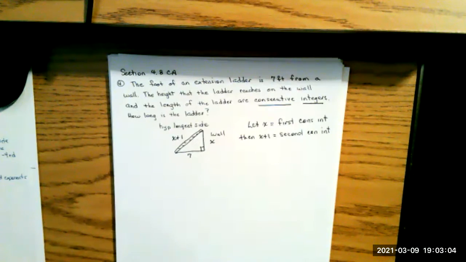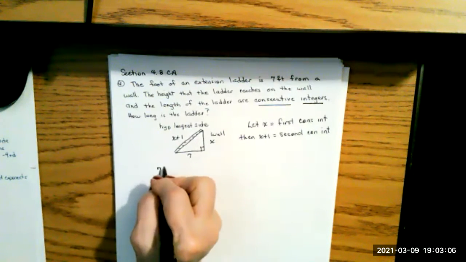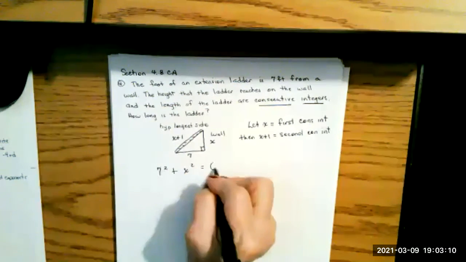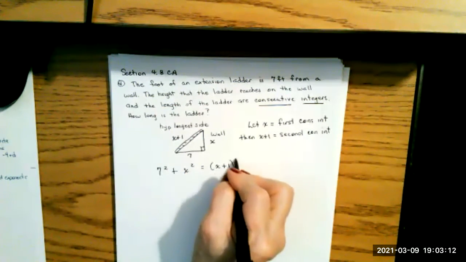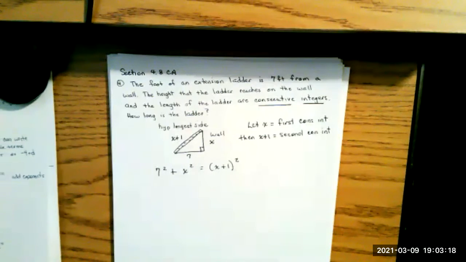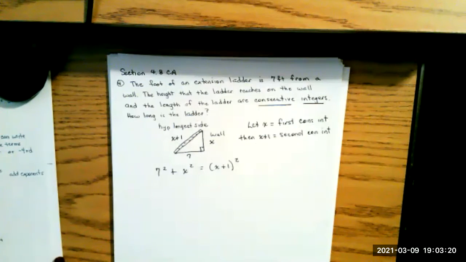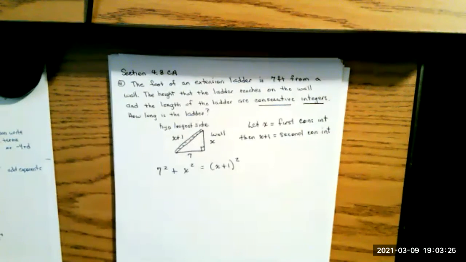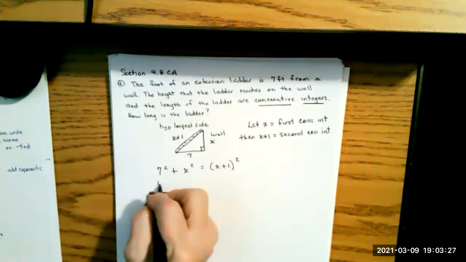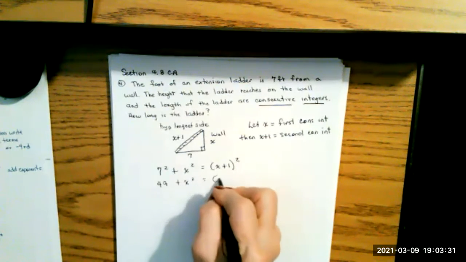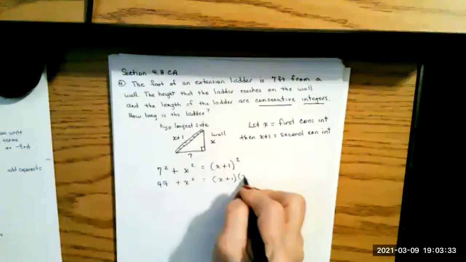All right, let's see how this is going to look in the Pythagorean theorem. 7 squared plus x squared equals x plus 1 quantity squared. So I have 49 plus x squared equals x plus 1 times x plus 1.